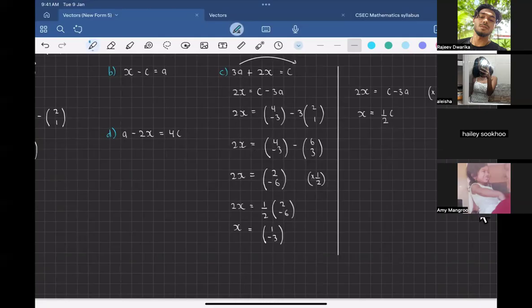Alicia, if I take the half and multiply by the minus 3, what are we going to end up with? Where's minus 3 by a half? Sorry, I'm calculating it. I don't need a calculator for that. You don't need a calculator for that, trust me. Yeah, but I just overthink.